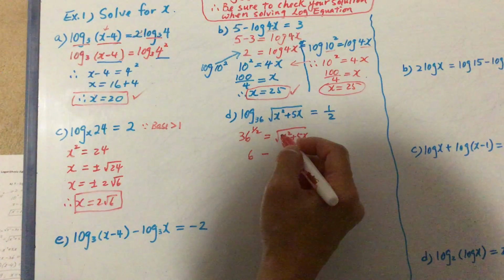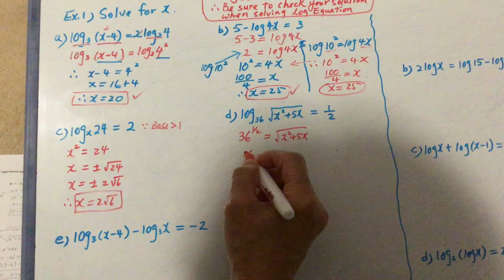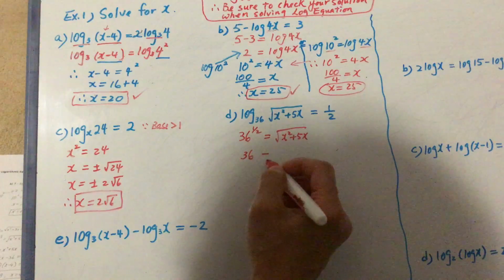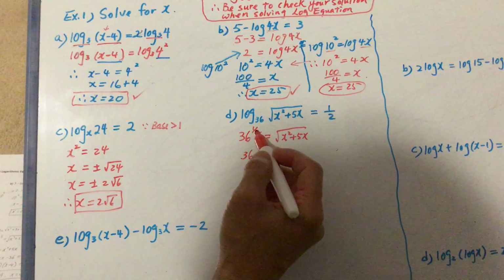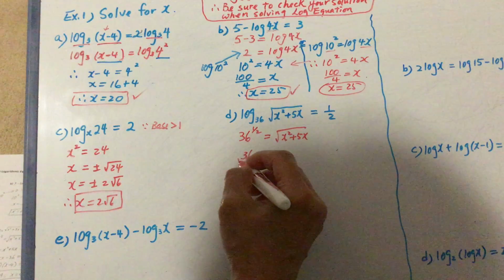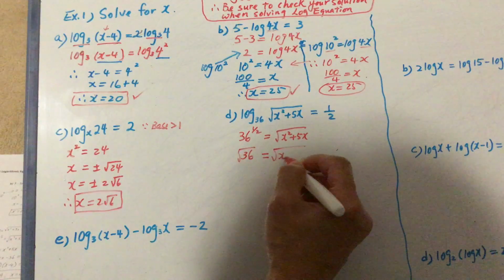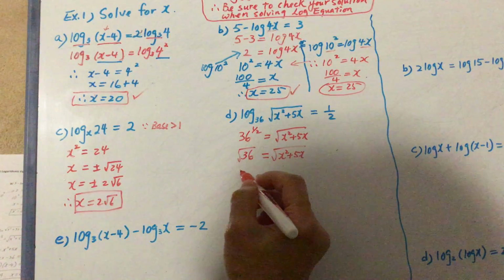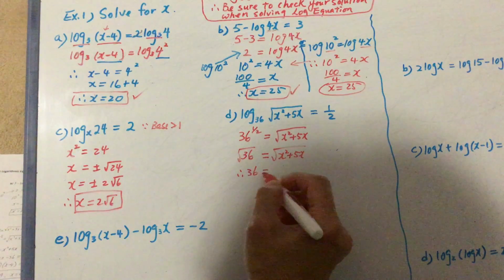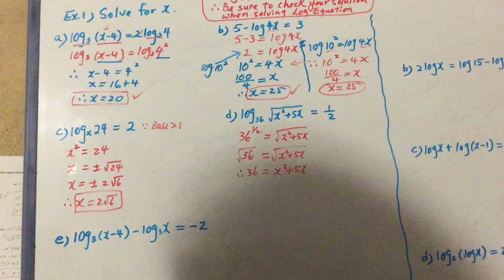In fact, because this one is also to the exponent of a half, I can say what goes inside must be the same. I don't even have to square root that, because that is the same as the square root of 36. So when you have a square root of one thing and the square root of the other thing, I can say 36 must be equal to x squared plus 5x.